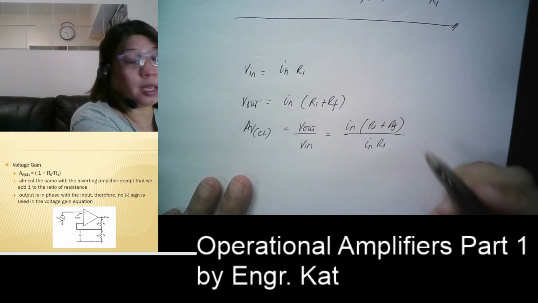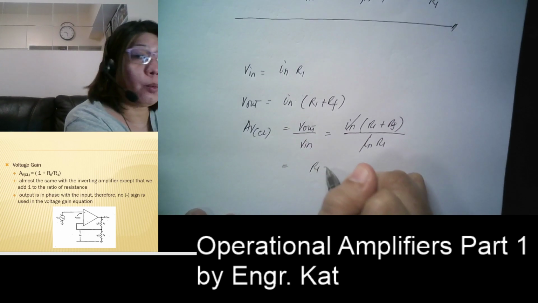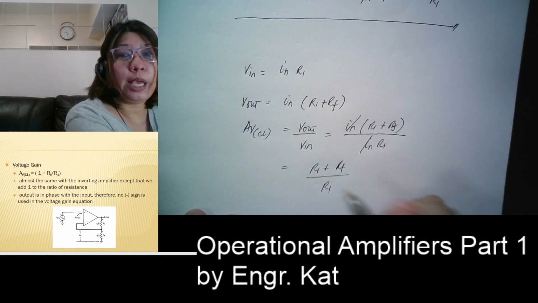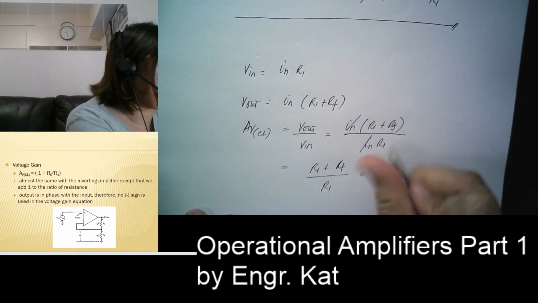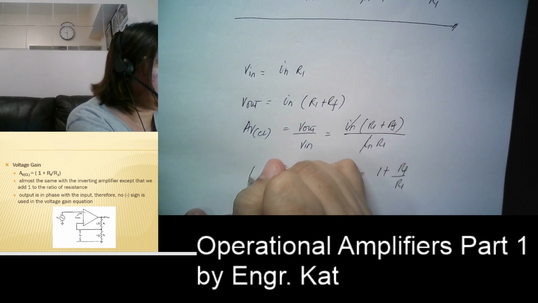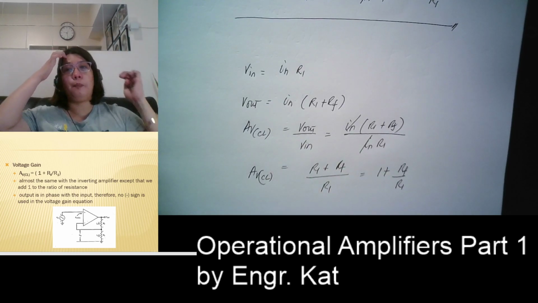Since we have the same I in, this will just be canceled out, and that will give us R1 plus RF all over R1. Simplifying this will give us 1 plus RF all over R1, which is the voltage gain for a non-inverting amplifier.